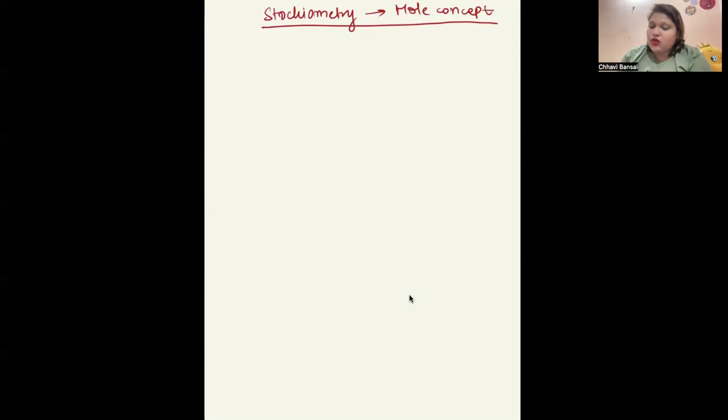Right. So, an atom. An atom is the basic unit, the smallest particle that exists. And it consists of proton, neutron, and electron, right?